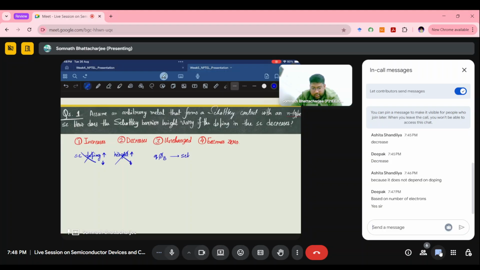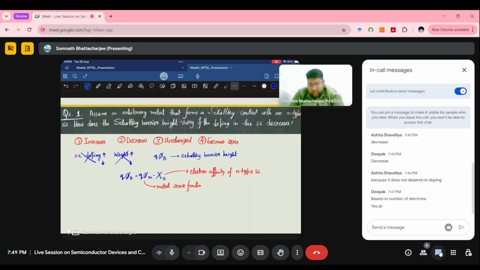So for a metal and a semiconductor case, we know that Q psi b is nothing but Q psi m minus chi of S, the difference between the work function of the metal, let me write it down, this is the metal work function, and this is the electron affinity of the n-type semiconductor.